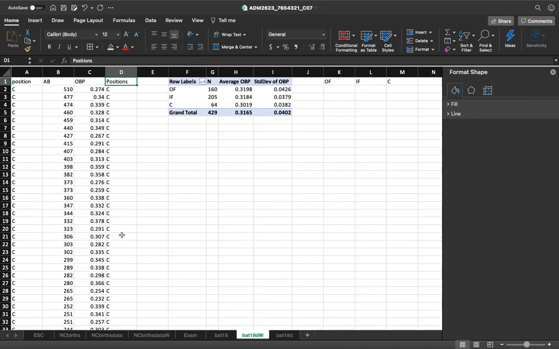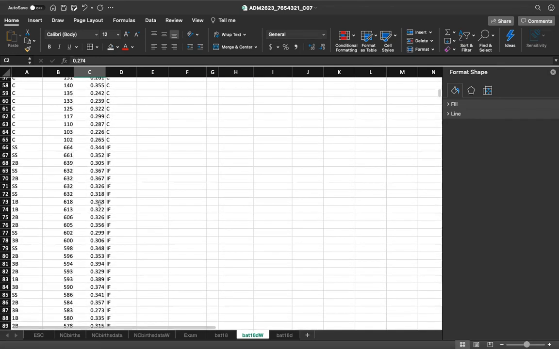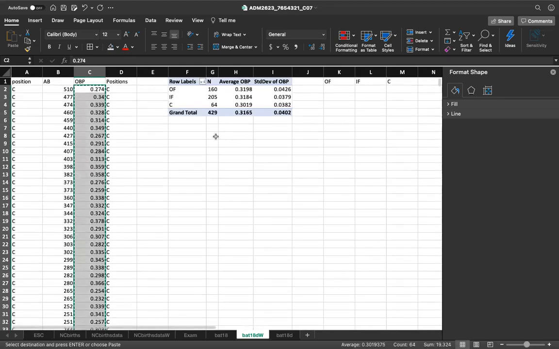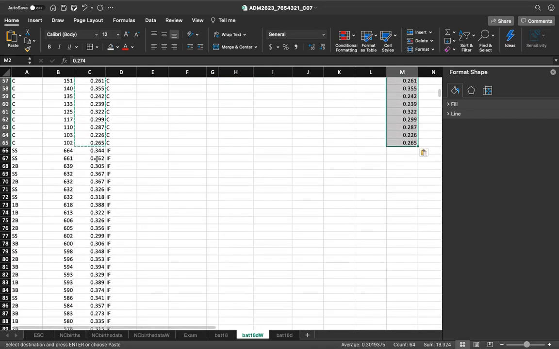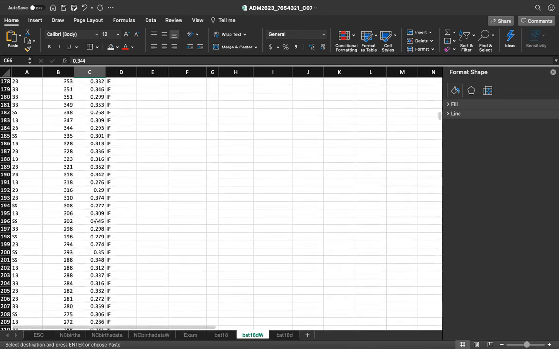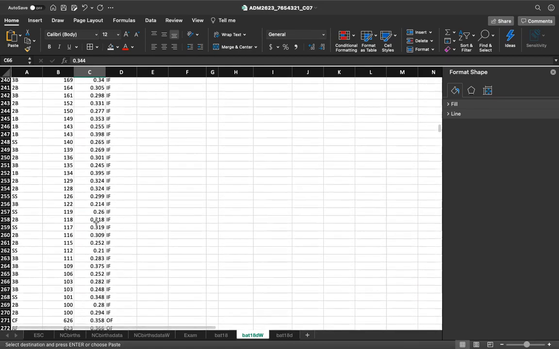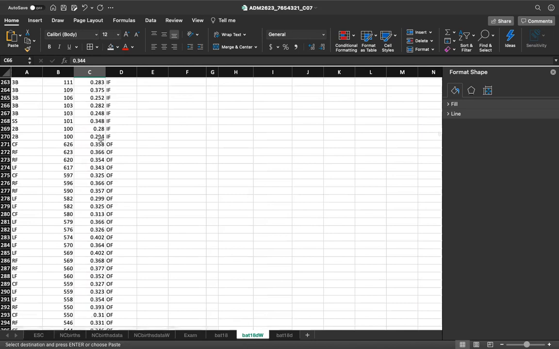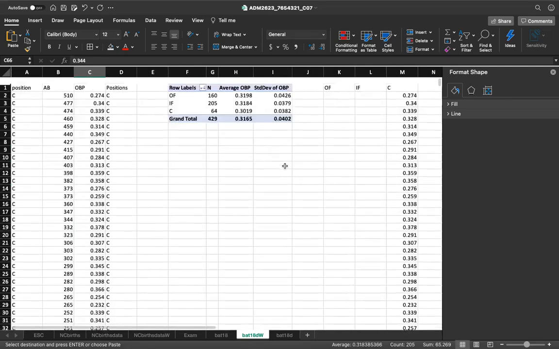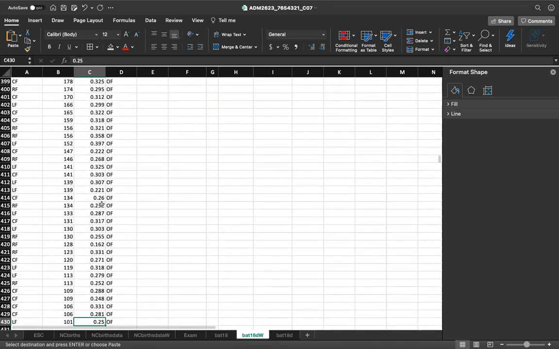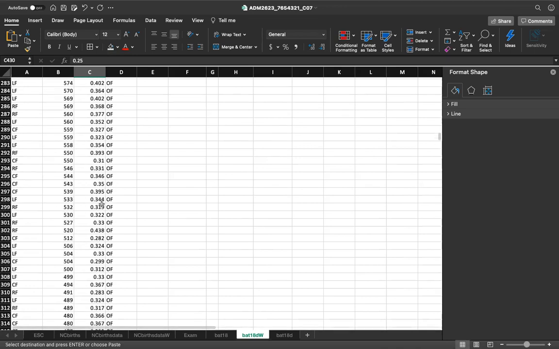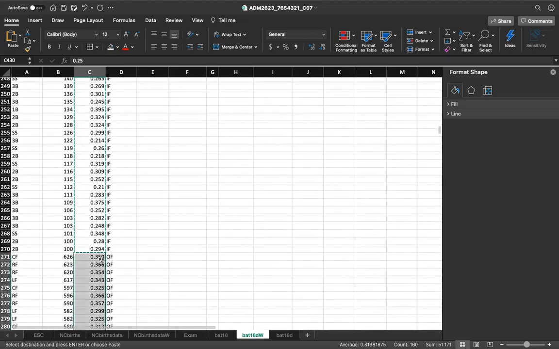So we have all the catcher positions here. Copy, place it in catchers. We take the infields. Copy and paste. Let's look at the outfield.